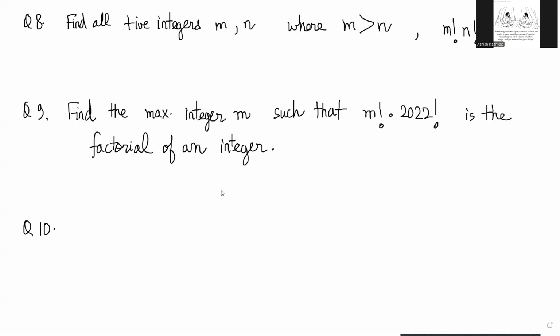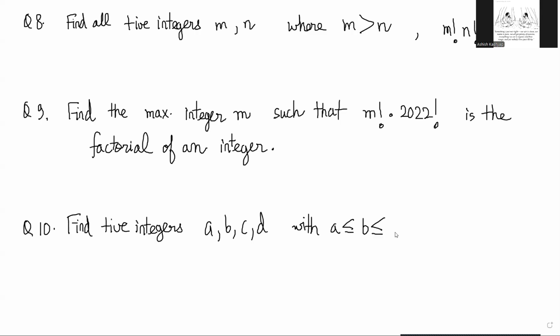Okay, and one more, two more actually. Question 10 is: find positive integers a, b, c, d with a less than or equal to b less than or equal to c such that 2 power a plus 2 power b plus 2 power c is equal to d factorial.